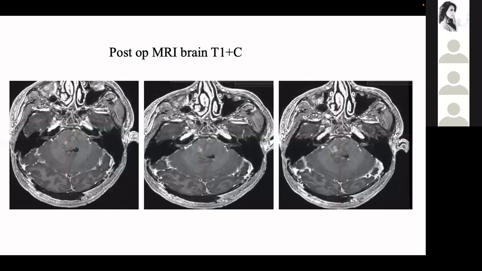So these are again the similar images. So here I think you have tried to show that there is some enhancement along the vestibulocochlear nerve complex, which is post-op because these changes were not present initially. So this is most likely reactive change to the cranial nerves.